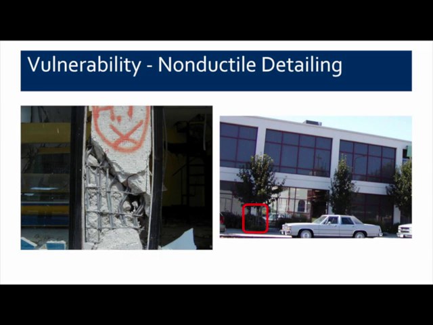On the left-hand side, you see the result of non-ductile detailing that might characterize a frame building built to an older code where there isn't enough horizontal hoop reinforcing in order to get good performance of it. And so this is non-ductile detailing. If you hear the buzzword non-ductile concrete, this would be one of the potential vulnerabilities or behaviors that fall into the non-ductile concrete category.